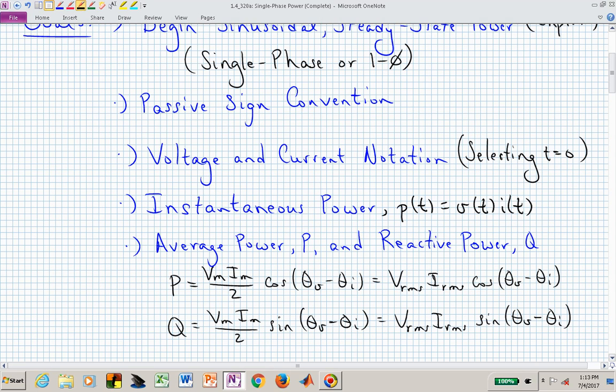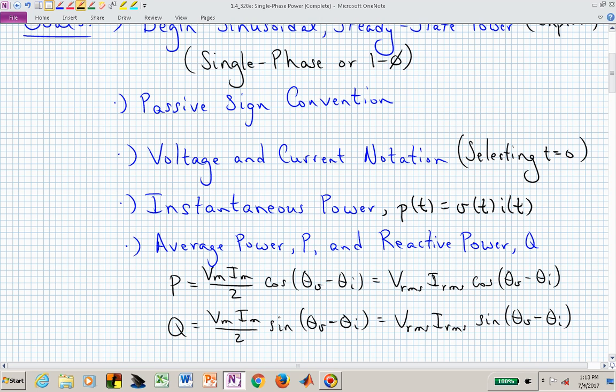You can either write those in terms of peak values of voltage and current or RMS values of voltage and current, and we'll probably favor writing those in terms of RMS because then we don't have to keep track of that factor of 2 in the denominator.